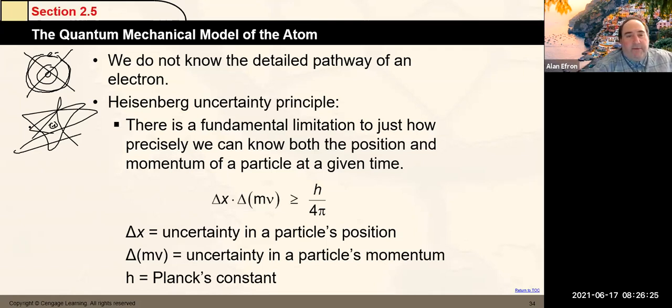And one important idea that leads us to that is what is sometimes referred to as the Heisenberg uncertainty principle. Basically what it says is that there is a limitation to how precisely we can know both the position of an object or particle like an electron, and how it's moving.